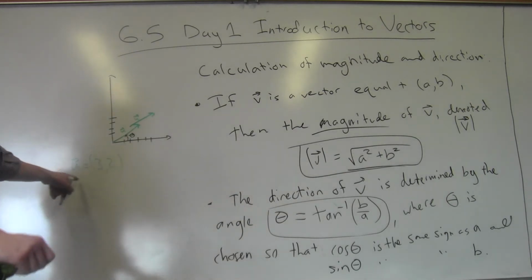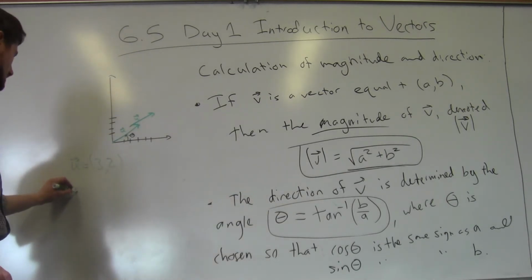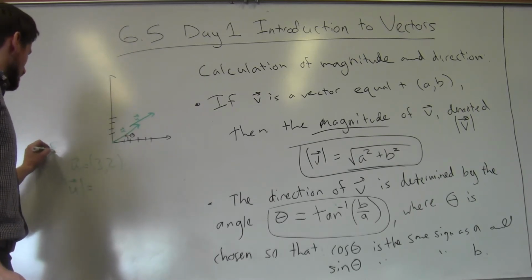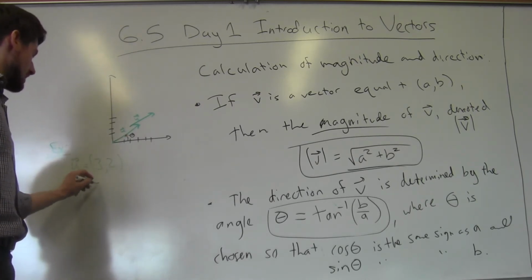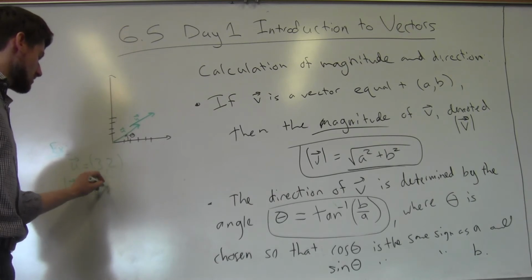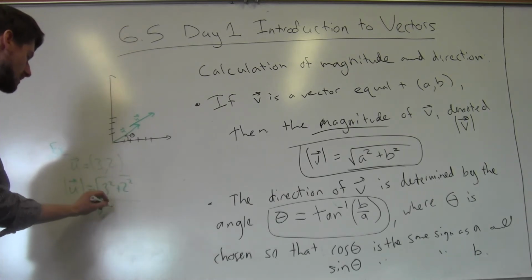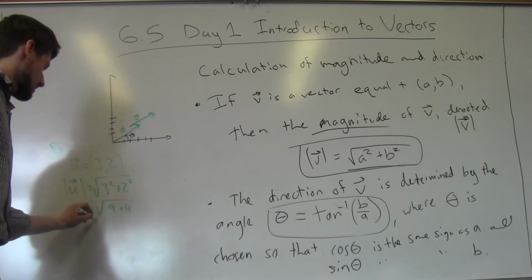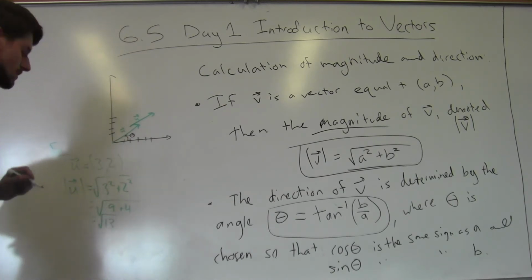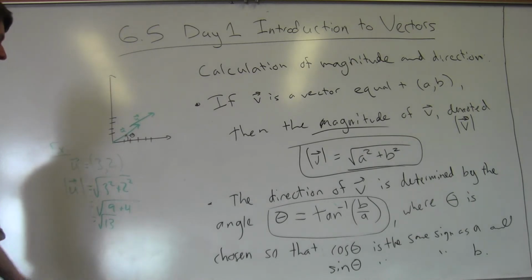Yeah. u equals 3, 2. The magnitude equals the square root of 3 squared plus 2 squared, which equals the square root of 9 plus 4, which equals the square root of 13. So that's the magnitude of this vector u.